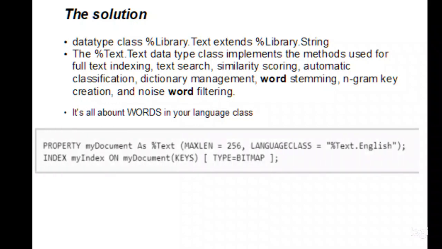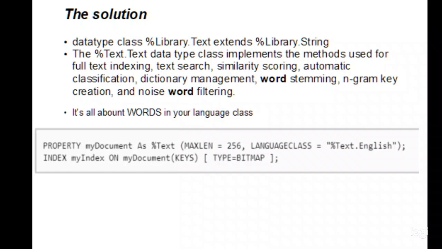You have a data type, you have a string, you have a maxlang, and you have a language class. And that language class is the one that defines how to split your text into words. And then you can create an index on the document of type bitmap and do a very fast search for the words.